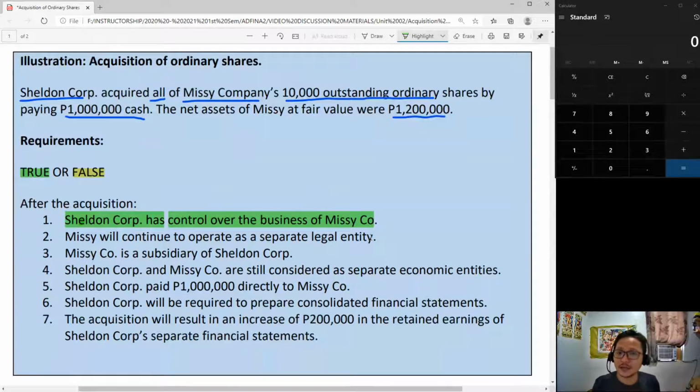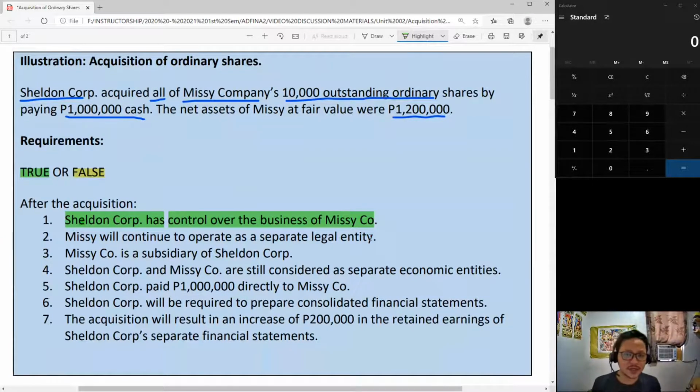What changed is that Missy Company has changed ownership, because the old shareholders of Missy sold their ownership to Sheldon. That being the only case, it does not necessarily mean that Missy will stop operating. Okay? It will continue as Missy Company.